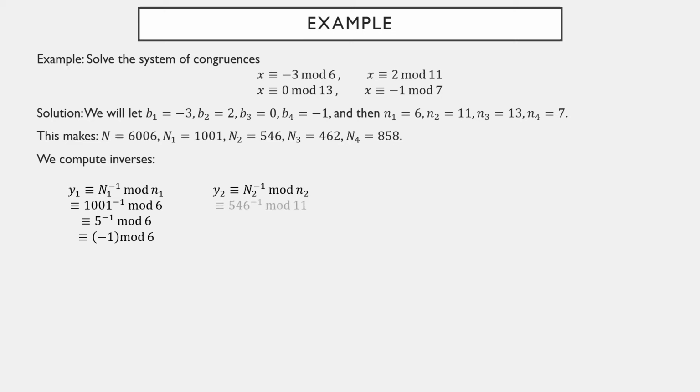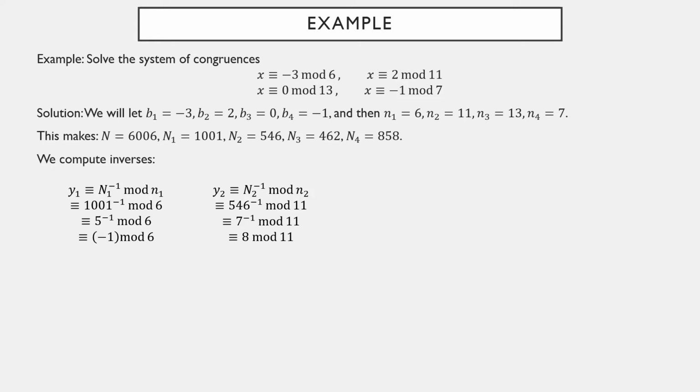Similarly, we need to compute y2, 546 inverse modulo 11, but we can reduce: 546 is equivalent to 7 modulo 11, so 546 inverse is equivalent to 7 inverse. 7 times what is equivalent to 1 modulo 11? 7 times 8 is 56, that's 55 plus 1.